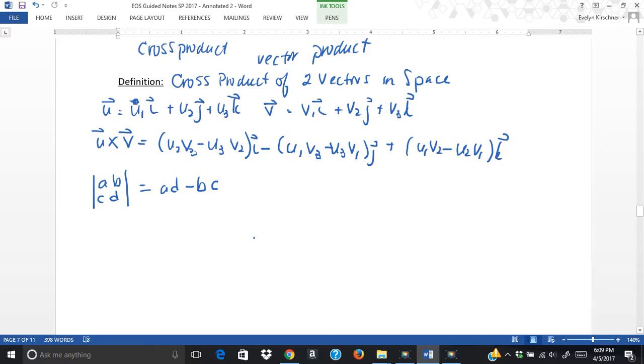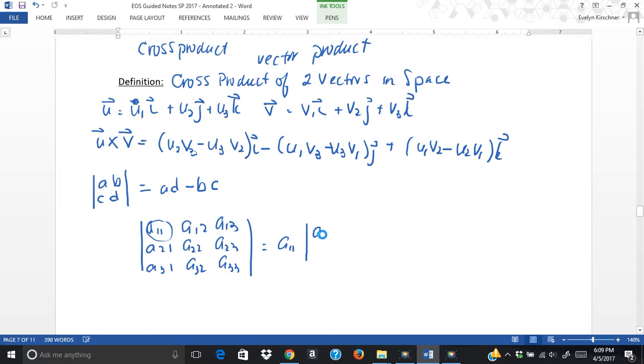When I have a three-dimensional matrix, with A11, A12, A13, A21, A22, A23, and A31, A32, A33, to find the determinant I have to look at it a little differently. First I take A11, cross out its row and column, and multiply it by the determinant of A22, A23, A32, A33.